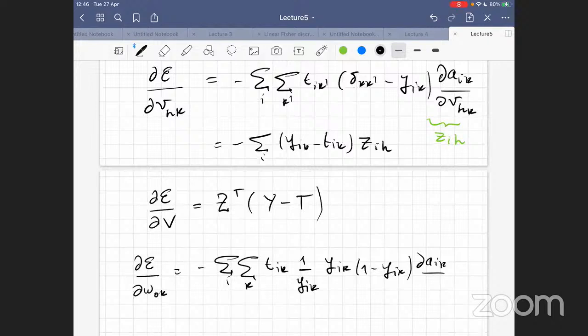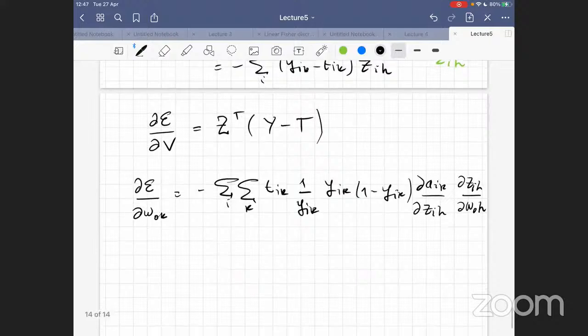So in the chain rule, I differentiate the argument of the softmax with respect to z_ih, and z_ih with respect to w_0h. So this is the intercept of the inner part, right?